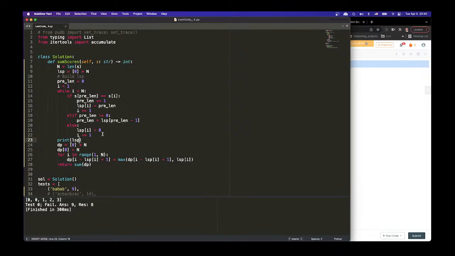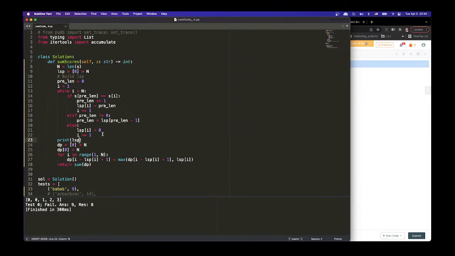Okay. So at this position, 1, 2, 3, 4, 5, we have 5. And this position from this towards the end, LSP is 0, right?